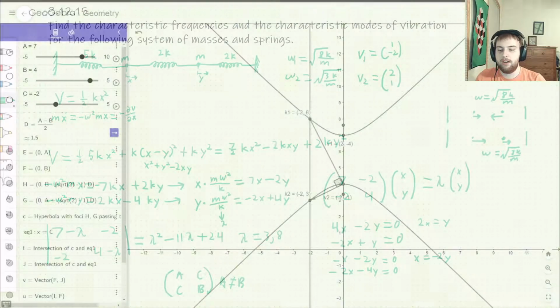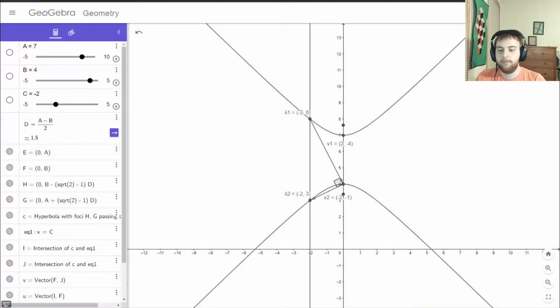So as we can see here, I have a hyperbola plotted. And it's a special hyperbola where the intersections with the x-axis, or the y-axis, are the A and B in your matrix.